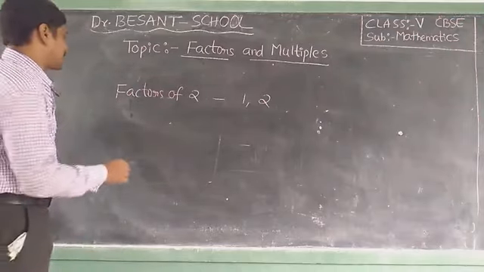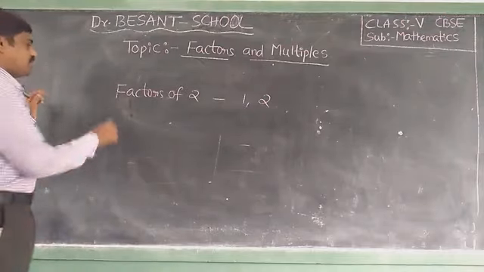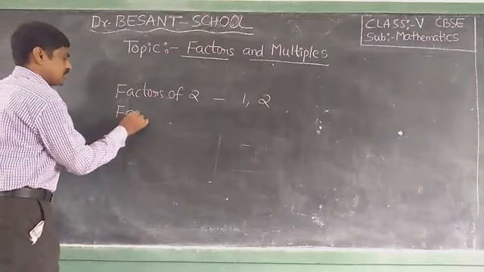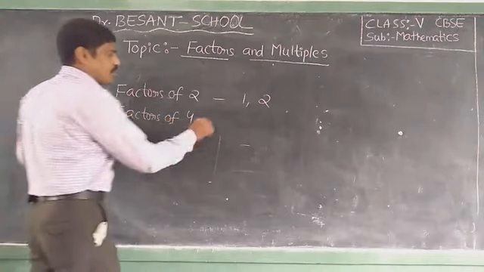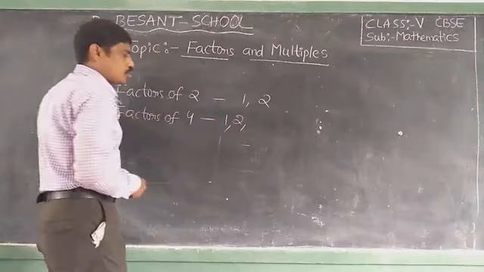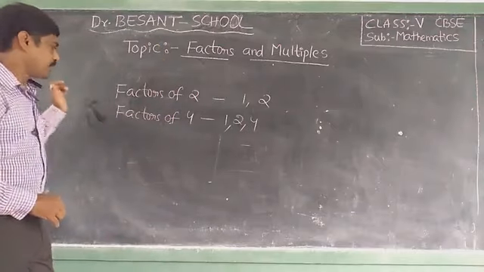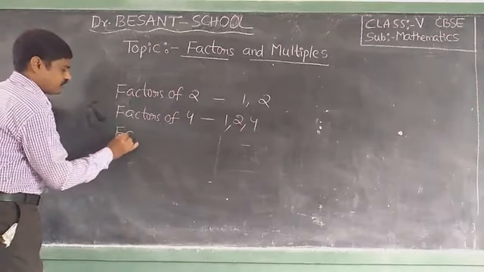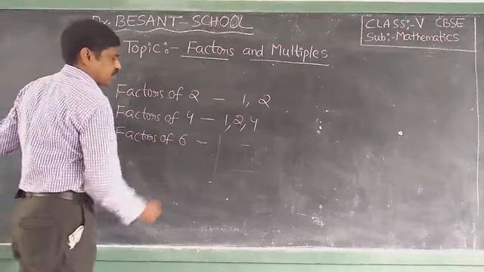Factors of 4. 1 4s are 4, 2 2s are 4, 4 1s are 4. Next, factors of 6.